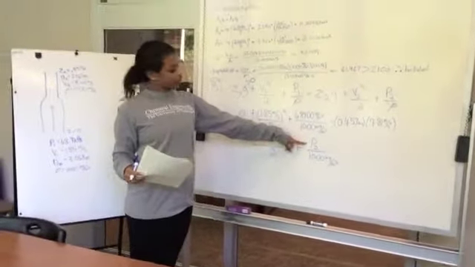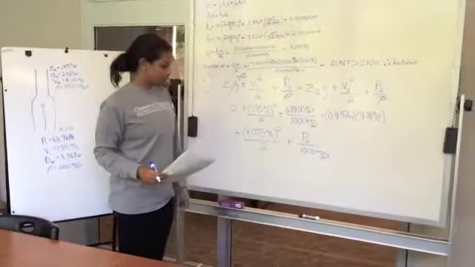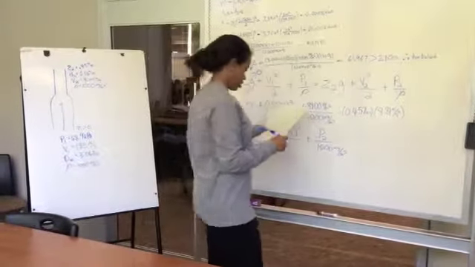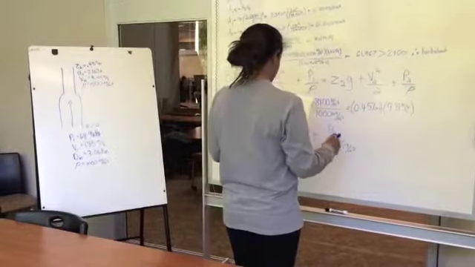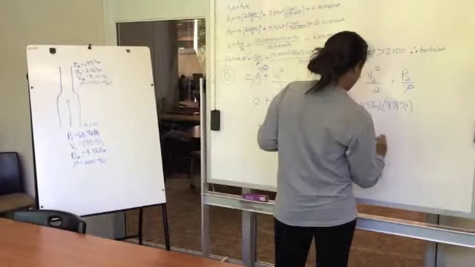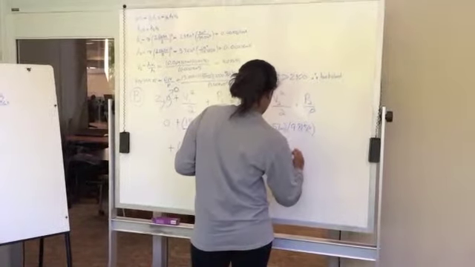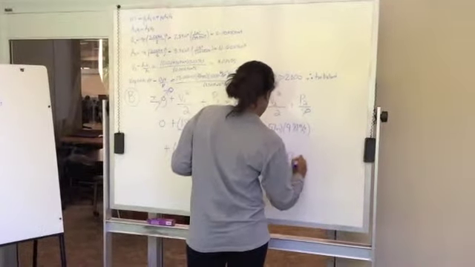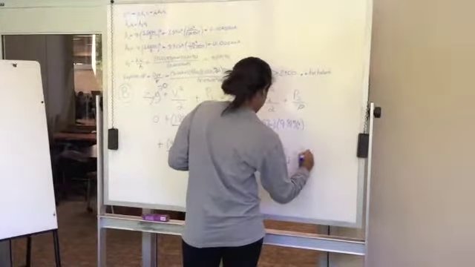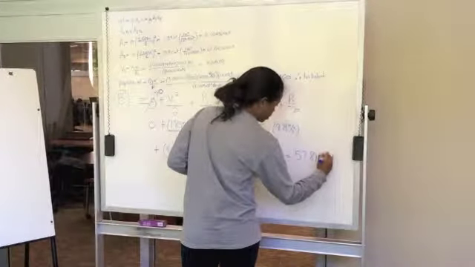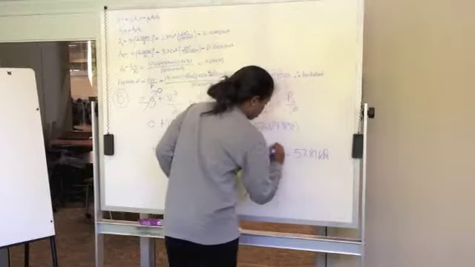Since we're solving for the new pressure, we will be solving for P2. And once you solve for P2, you get .81 kilopascals.